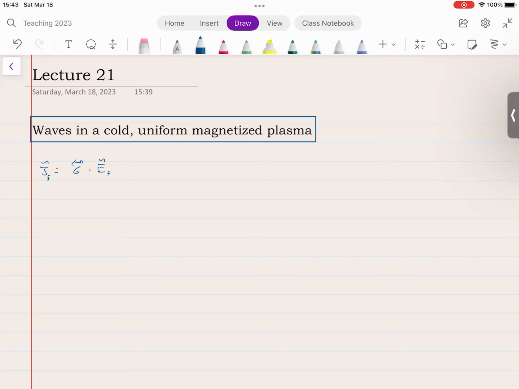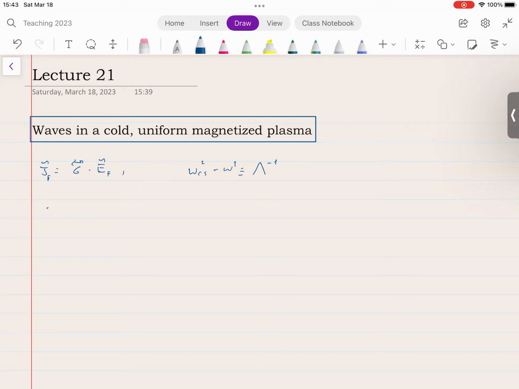And the expression that we found, defining omega cyclotron species minus omega squared to be equal to 1 over lambda, just for convenience.